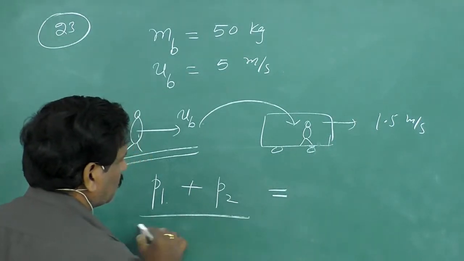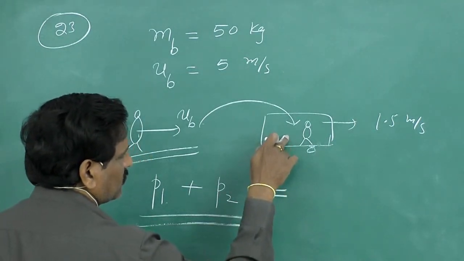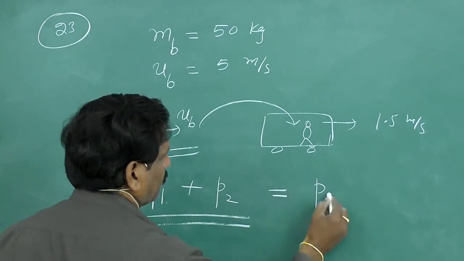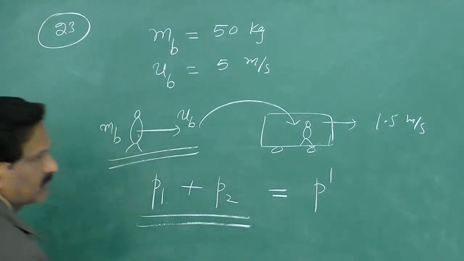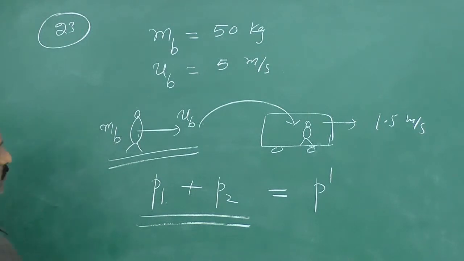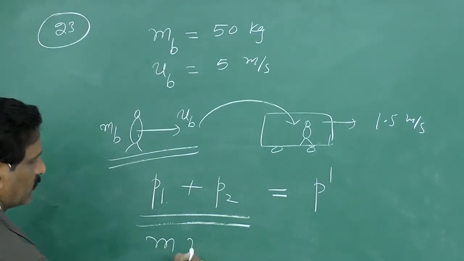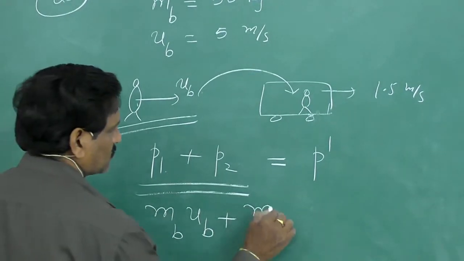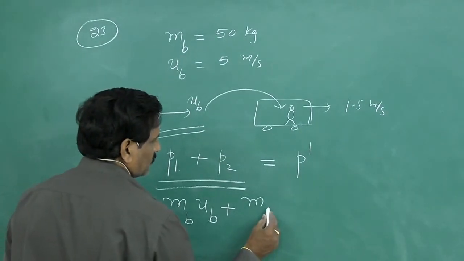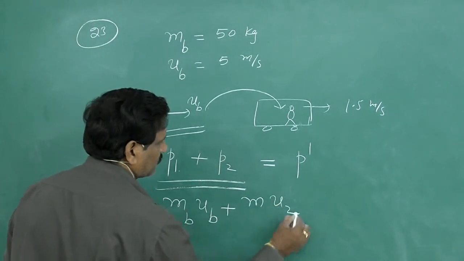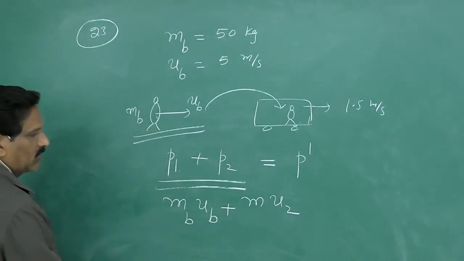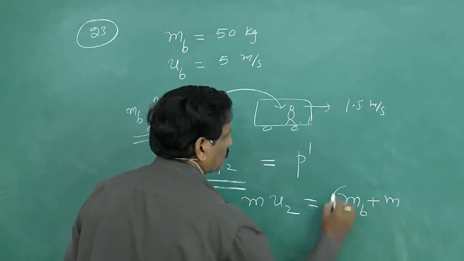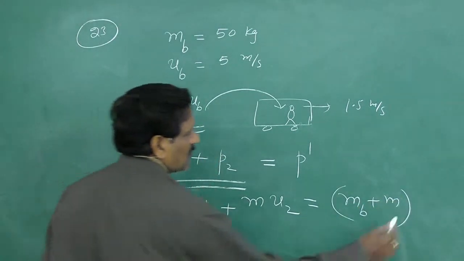the total momentum before the event is equal to the total momentum after the event, P prime. So, mass of boy into velocity of boy, this is momentum of the boy, plus mass of trolley into velocity of trolley U2, is equal to mass of boy plus mass of trolley into common velocity.